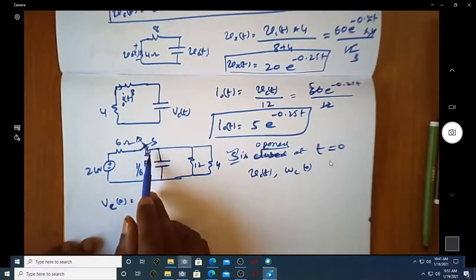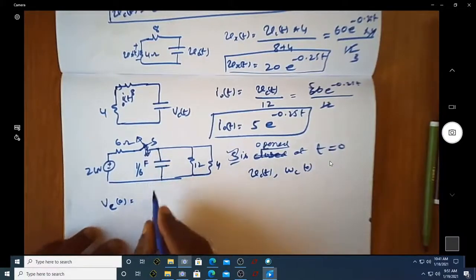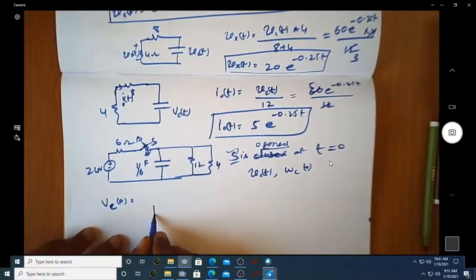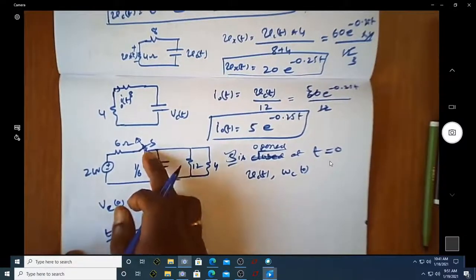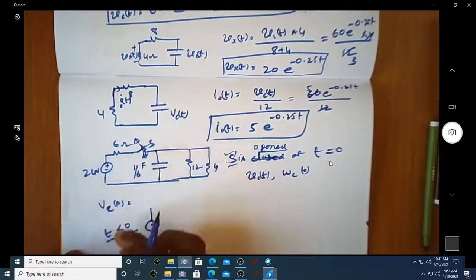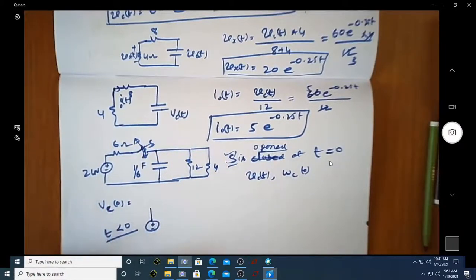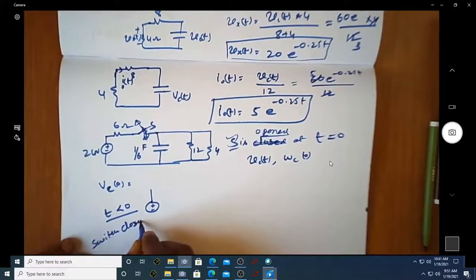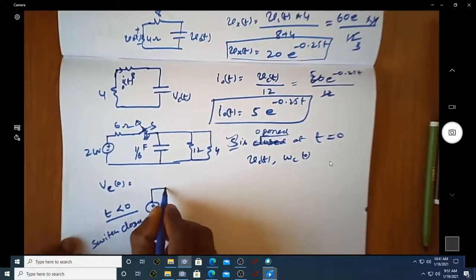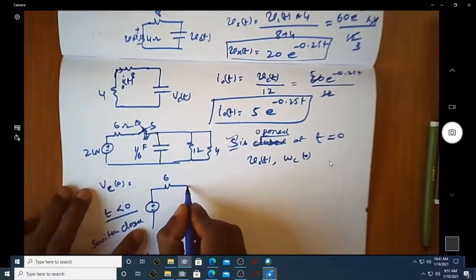So when this switch is closed, we know that the equivalent circuit looks like this. I can rewrite the equivalent circuit at t less than 0, because at t equal to 0 I'm just opening the switch. So at t less than 0, switch is closed, and this is how the circuit looks.